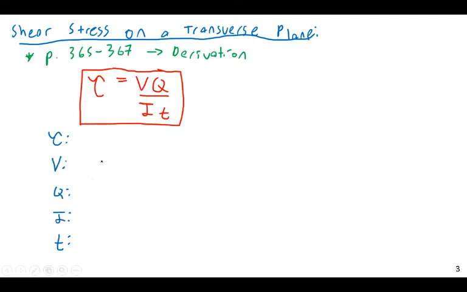Tau is the shear stress on a transverse plane at the point of interest.